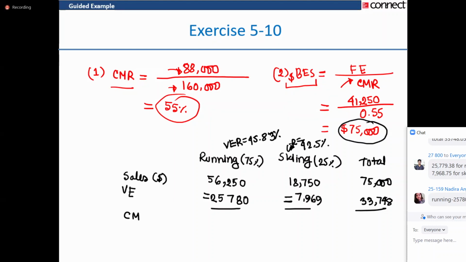So if we round this number, we will see that there will be some rounding error in the final line item of net operating income.